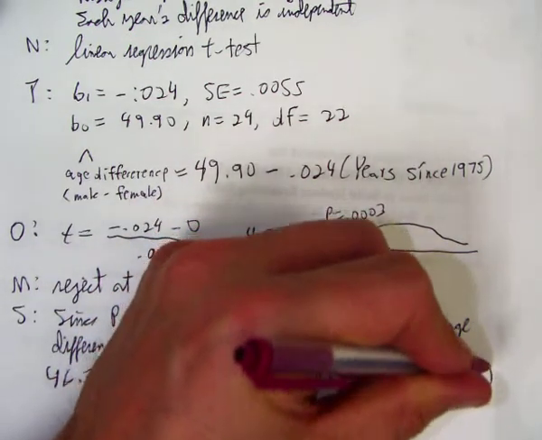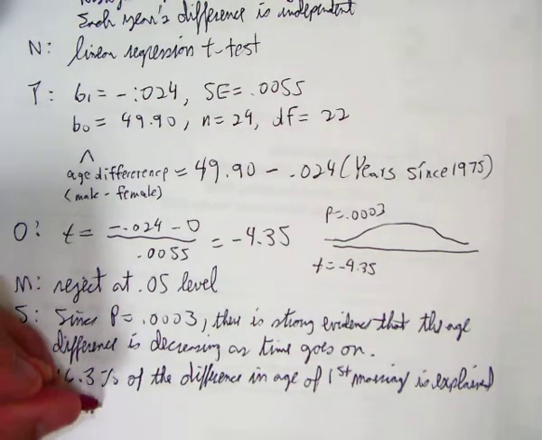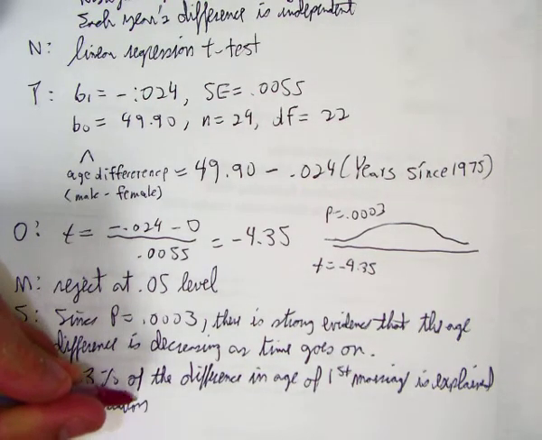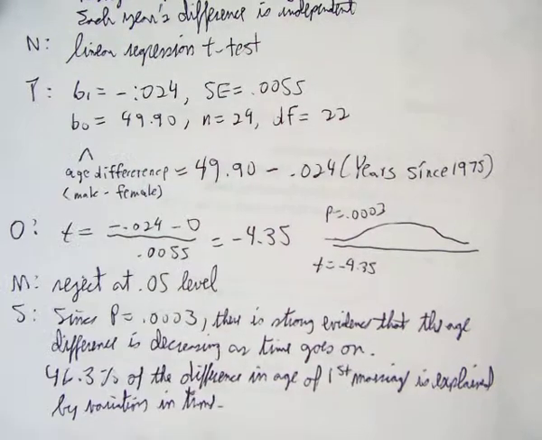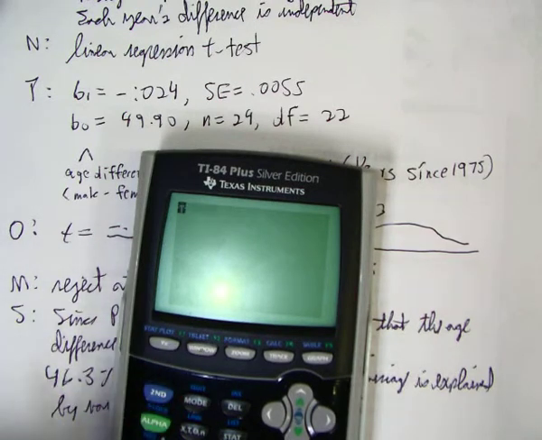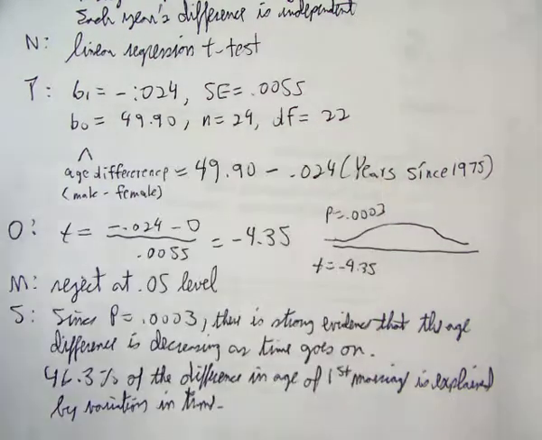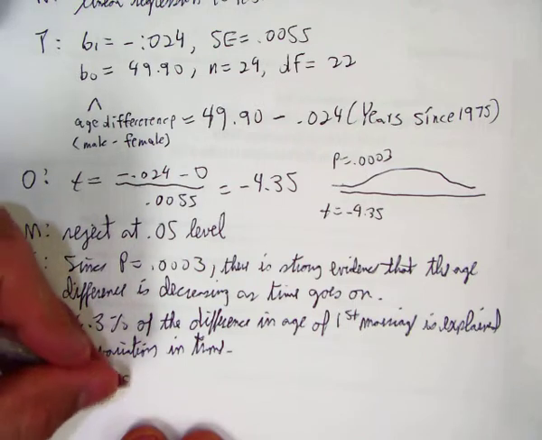You can either put explained by the least squares regression line or explained by the variation in time. And then I always like to find out what R is, so I'm just going to do the square root of 0.463. And it's 0.68, and obviously R would be negative here, so R is negative 0.68.